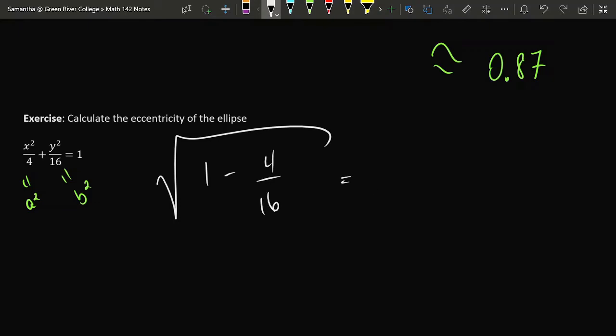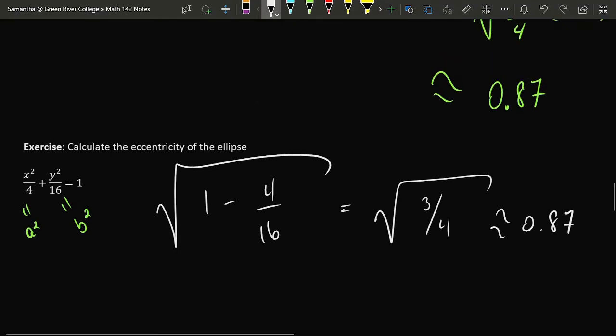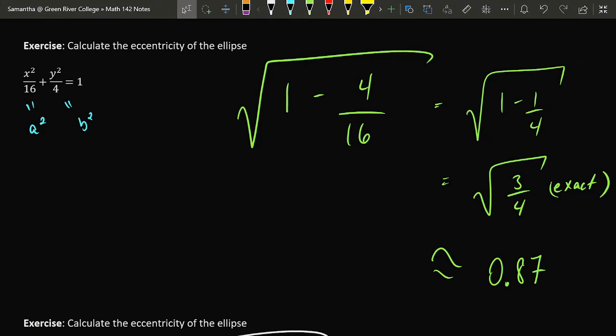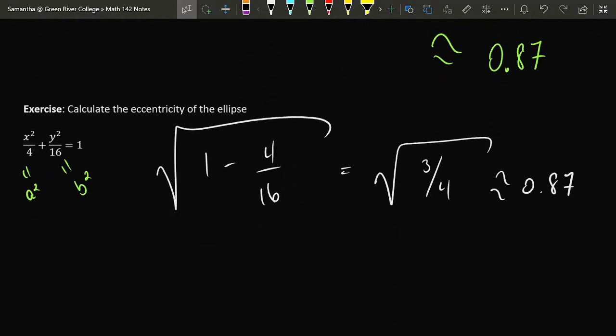So I end up getting exactly the same eccentricity. That's because the ellipse in this exercise and the ellipse in the previous exercise are stretched by the same amount. It's just that the first ellipse is stretched horizontally, whereas the second ellipse is stretched more vertically.